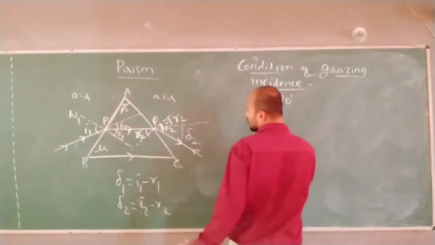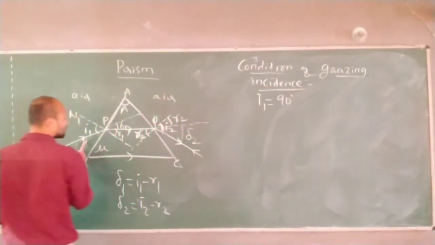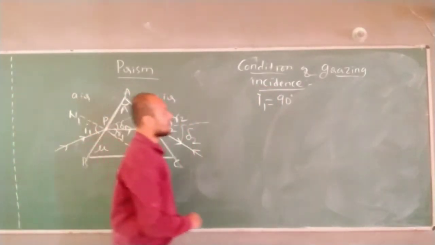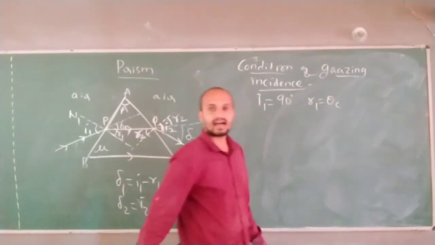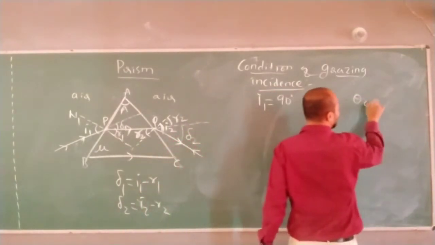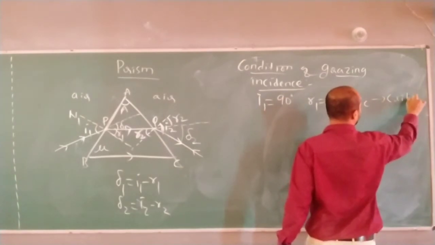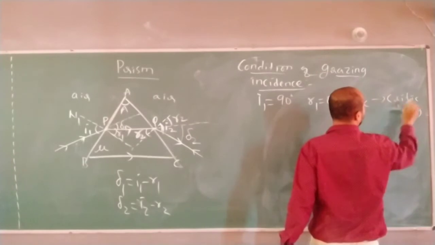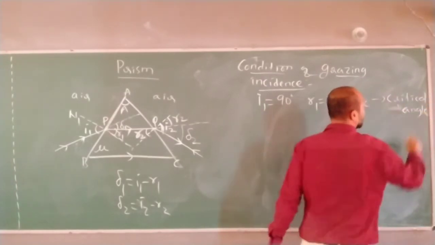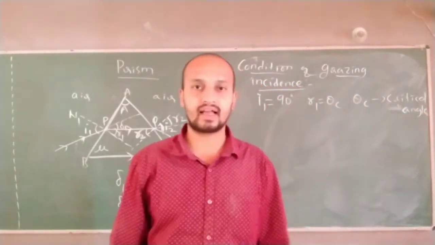Let us study. From Snell's law, when I1 becomes 90 degree, R1 I can call theta C. What is theta C? Theta C is the critical angle.